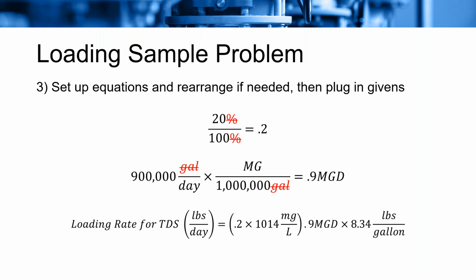We also know that our flow is given as 900,000 gallons a day. To convert that, we use a unit conversion of 1 million gallons per million gallon, and that 1 million gallons will go on the bottom part of our second term, and the million gallons will go on the top, and so that results in 0.9 million gallons per day.